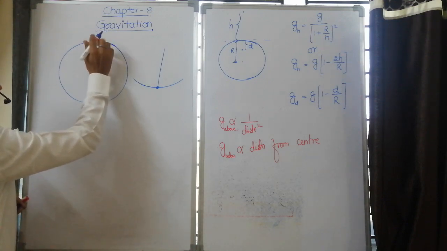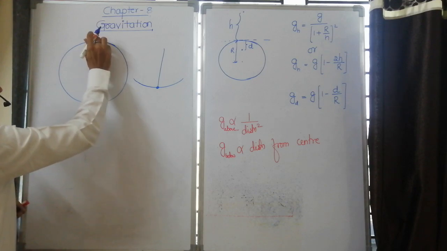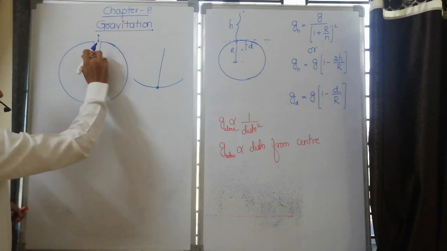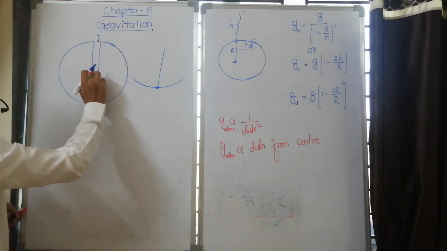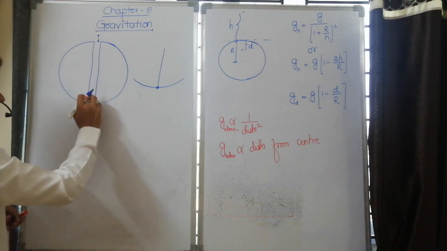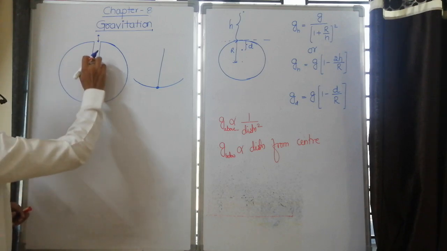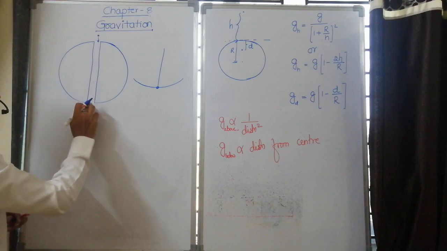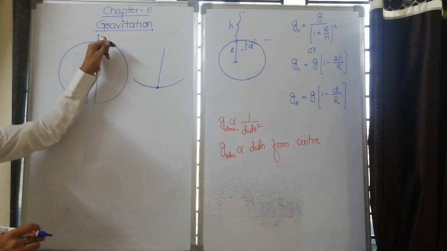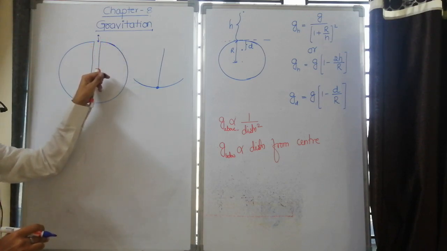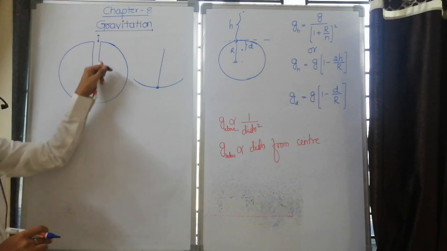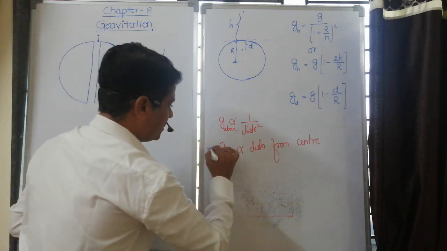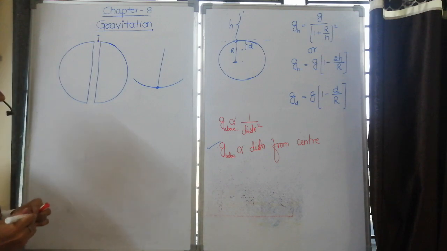Based on this, as we move, g goes on decreasing, and here it is 0, then once again increases. Therefore here g is variable and depends on distance directly, that is, inside the earth, g is directly proportional to the distance.